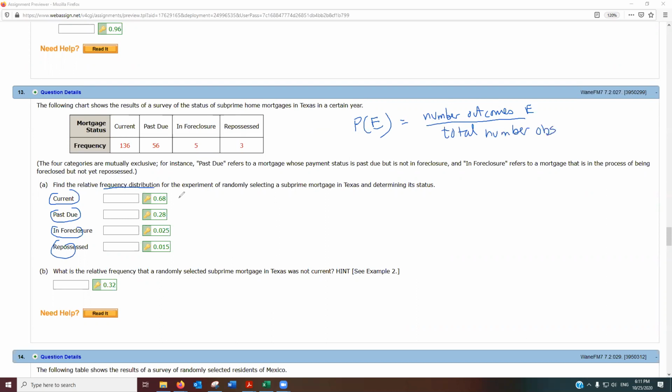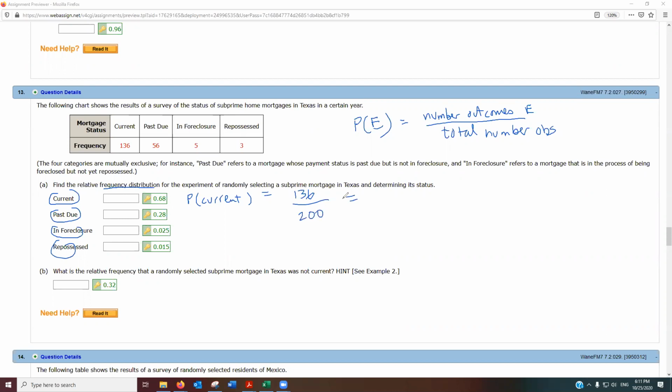All right, so let's do it for current. The probability for current would be the number of current, which is 136 from the table, divided by the total number in the table. So I'm going to add up all the 4 numbers in the table. If I do that, I'm getting 200.